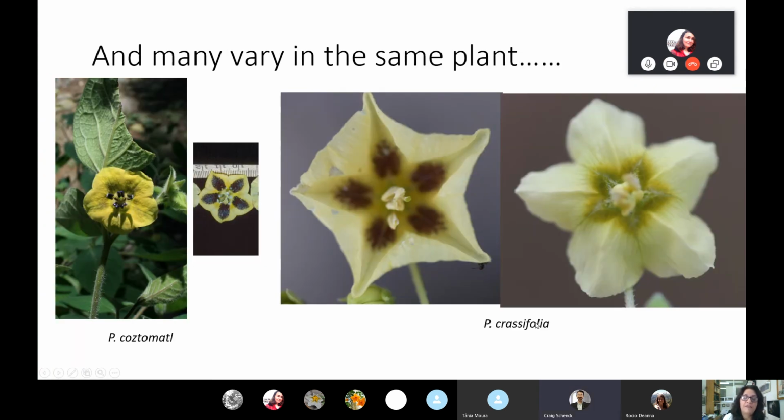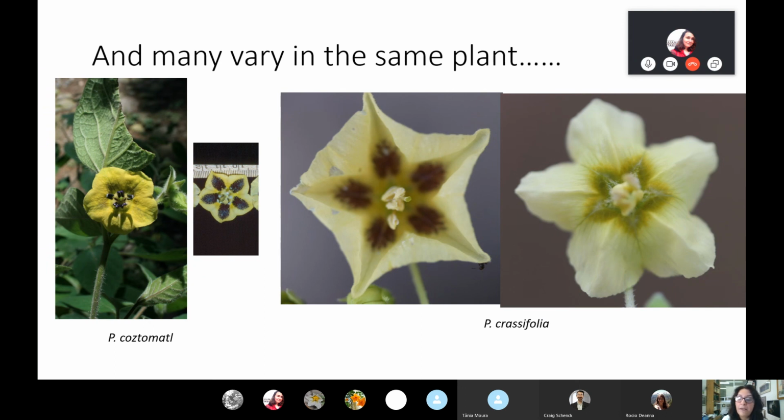But then you have this variation even in the same plant, which really puzzles me. For example, Physalis costomatal usually has large flowers with dark spots, and the spots are made out of different single units. But in the same plants, you will find corollas that don't have any spots.